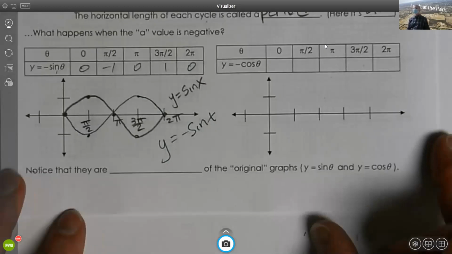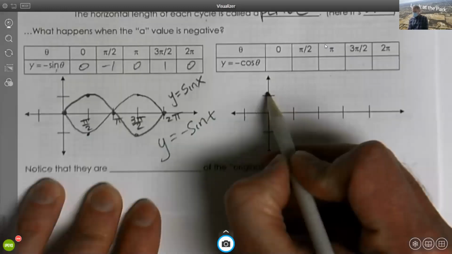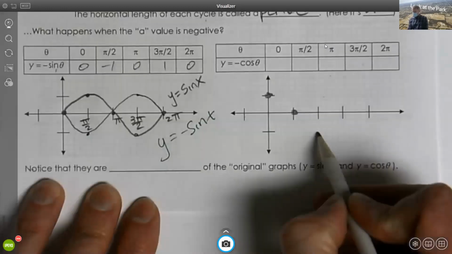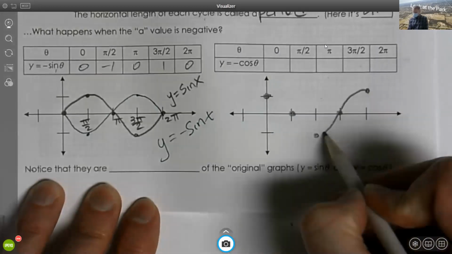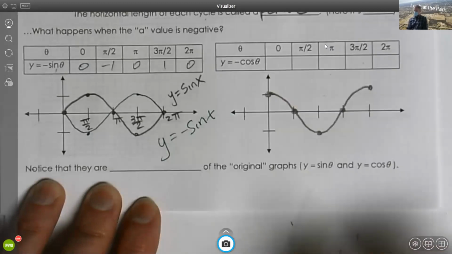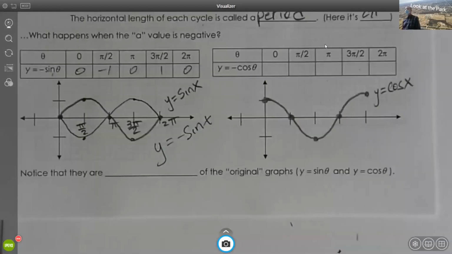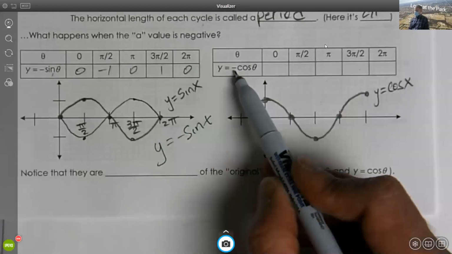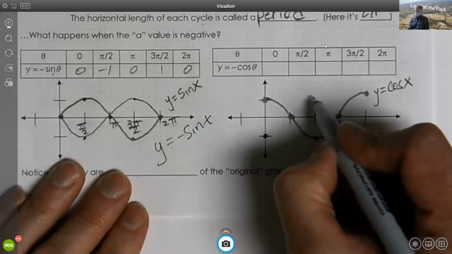You should be able to predict what's going to happen here with the cosine graph. If the cosine graph is typically at 1, then 0, then -1, then 0, then 1, that's your y equals cosine of x. When we do our negative a value, we are going to reflect this over the x-axis.